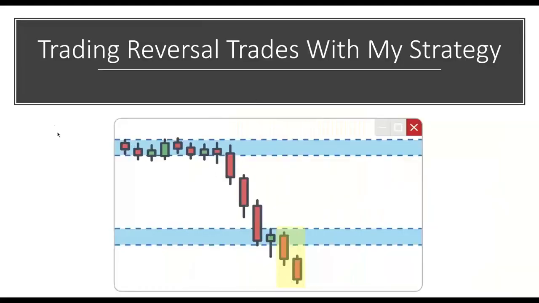So, like in this case, what happened? Indecision candle on the resistance zone. This is the candle that entered, but what happened? Prices continued on down. Big false setup.